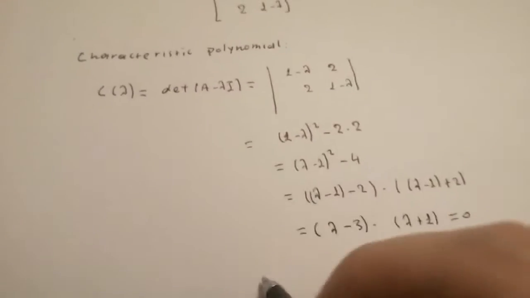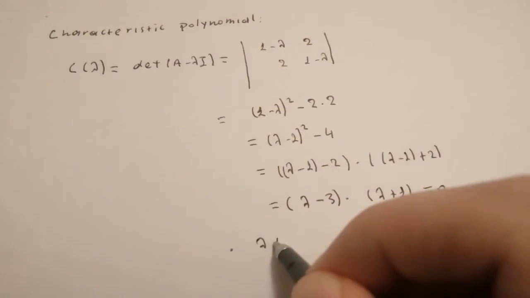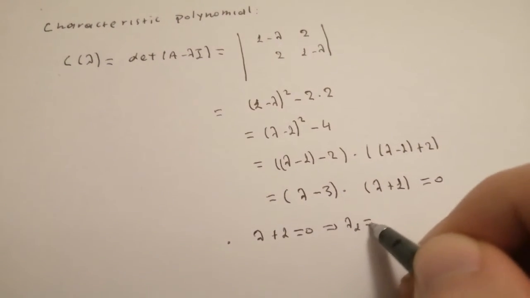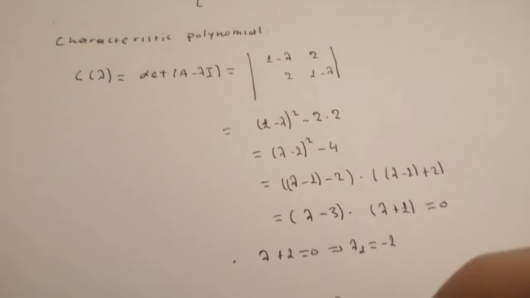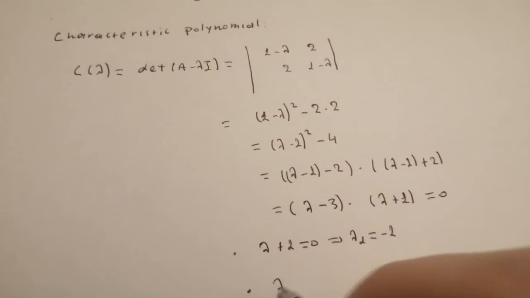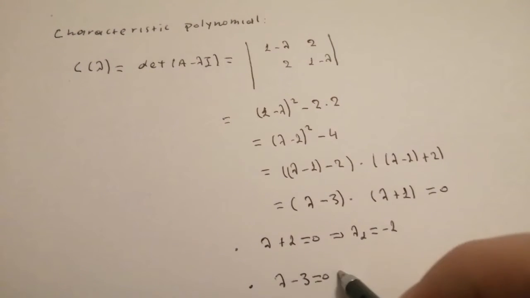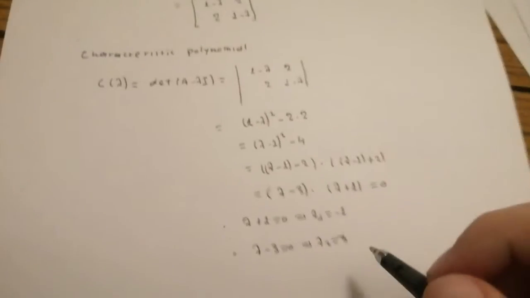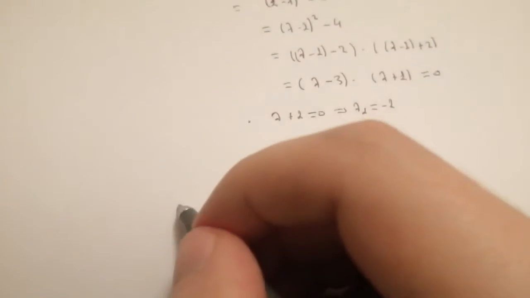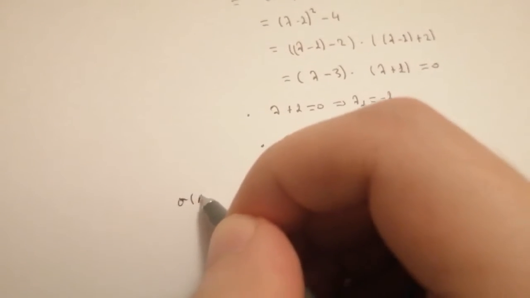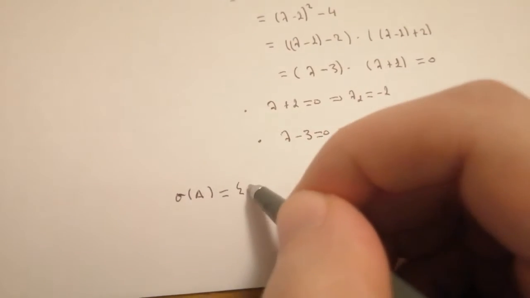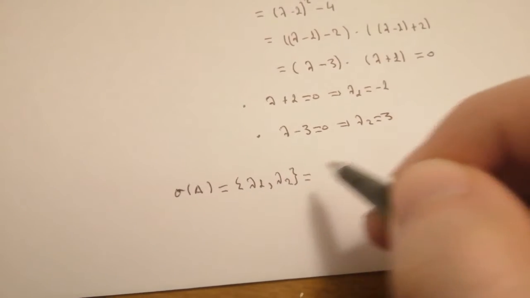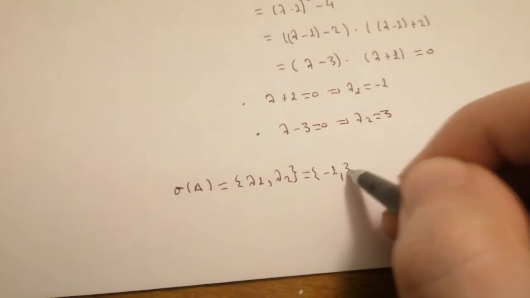Lambda plus 1 equals 0, so lambda 1 is minus 1, this is the first eigenvalue. Or lambda minus 3 equals 0, so lambda 2 is equal to 3. So the spectrum of the matrix A is lambda 1 and lambda 2, so it's minus 1, 3.